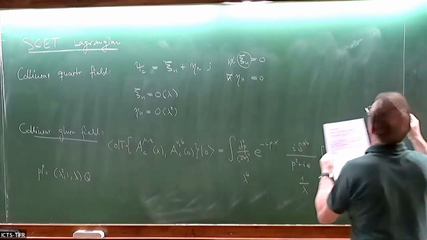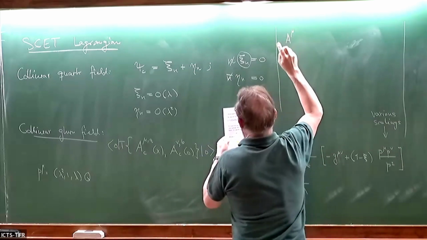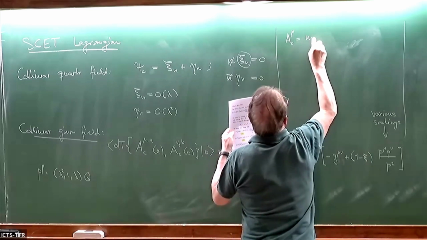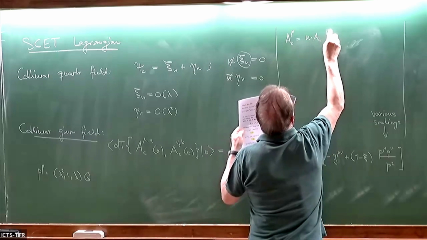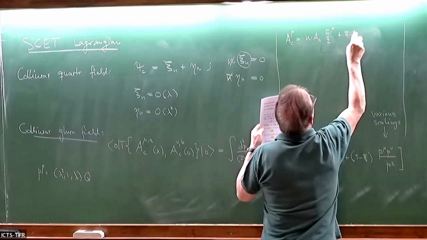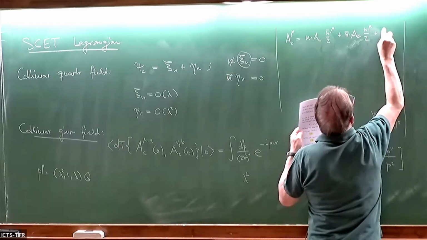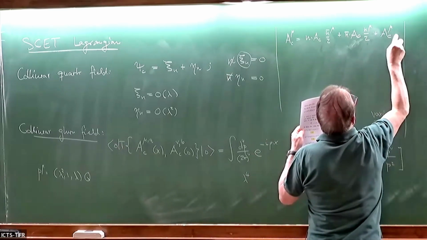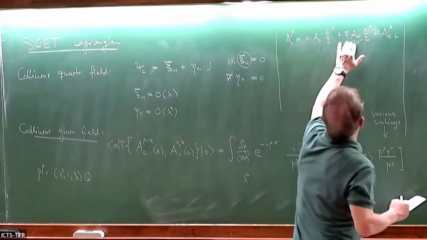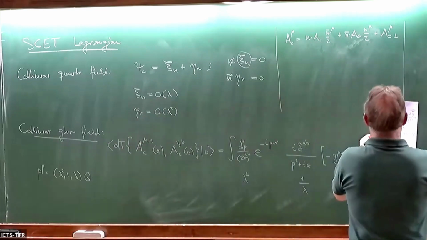And the first one, well, of course, what we can do is for the gluon field, like for any other vector, we can decompose this as n dot A times n bar mu over 2 plus n bar dot A times n mu over 2 plus A perp, like we did for any other 4 vector. And really what we'll find is that these different components also will have different scaling with lambda. So let's look at the various options.